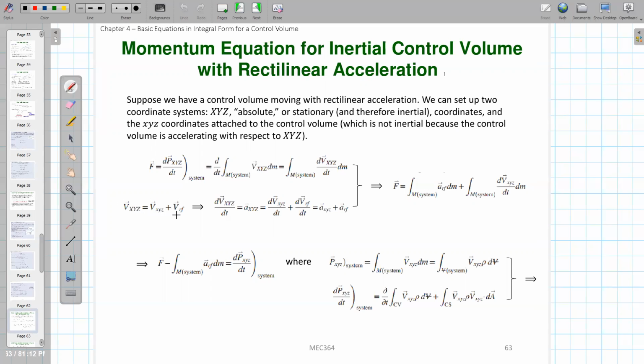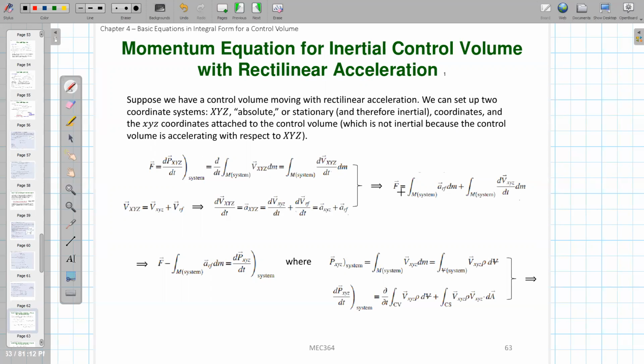If you take the time derivative of this equation, you get this correlation, so we get this A_xyz, which means the acceleration regarding the stationary frame equals the acceleration regarding the moving frame plus the acceleration of the reference frame itself. Now you substitute this correlation into this equation to replace this dV_xyz over dt. You can get this equation.